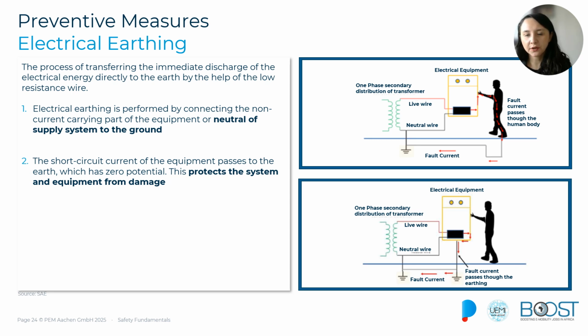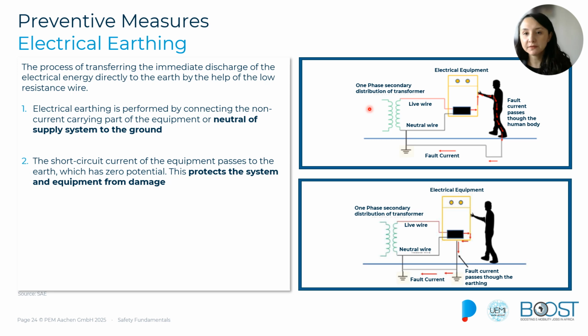Electrical earthing is the process of transferring a high amount of current directly to the earth by means of a low resistance wire that is physically connected to the earth. This creates a safe path for fault currents or for all of these hazards that we may have, because it prevents that current from flowing through the equipment or through the people.